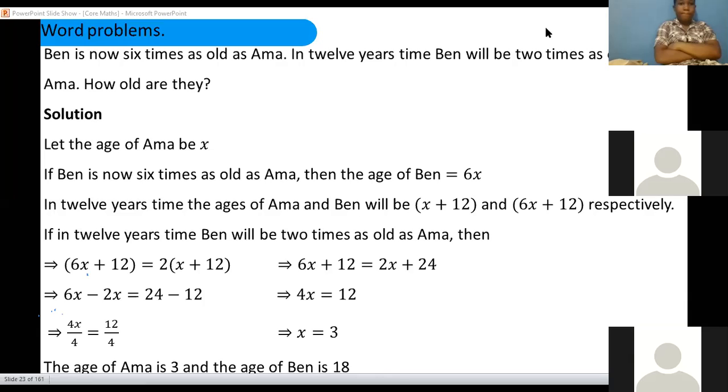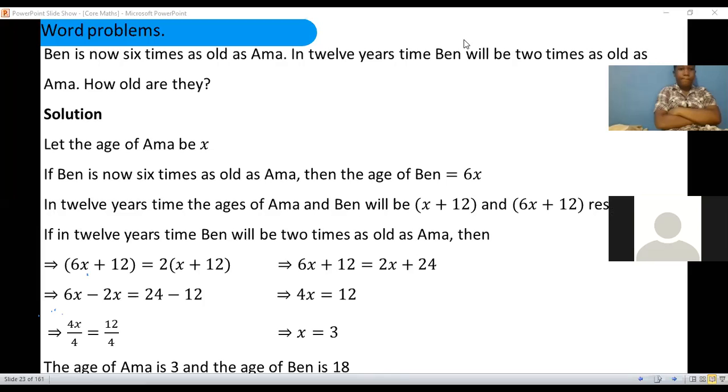Yes, Ada is perfect. Please explain how we got Ben's age again. Did you understand Amma's age? Yes, sir. Okay, so the statement is saying that Ben is now 6 times as old as Amma, and Amma is equal to 3, right?